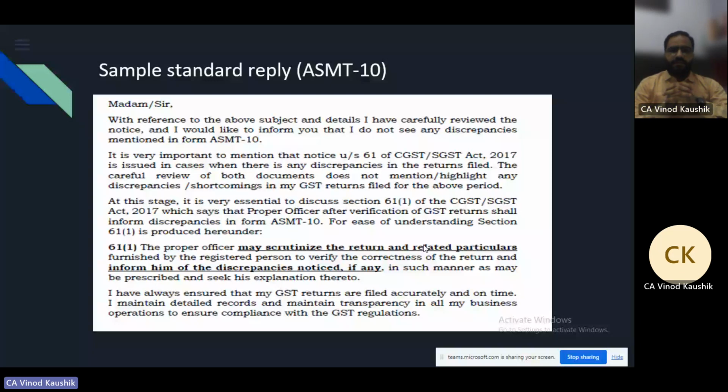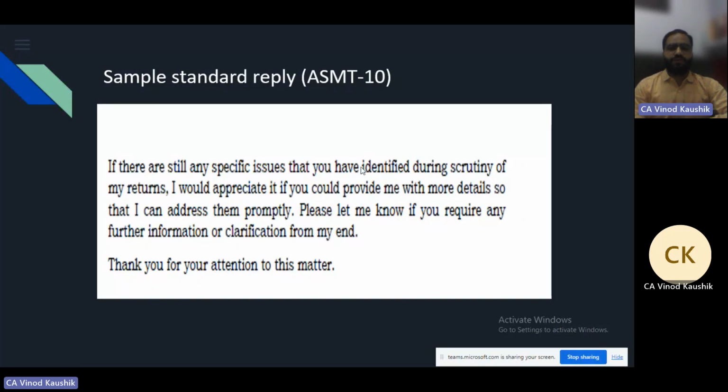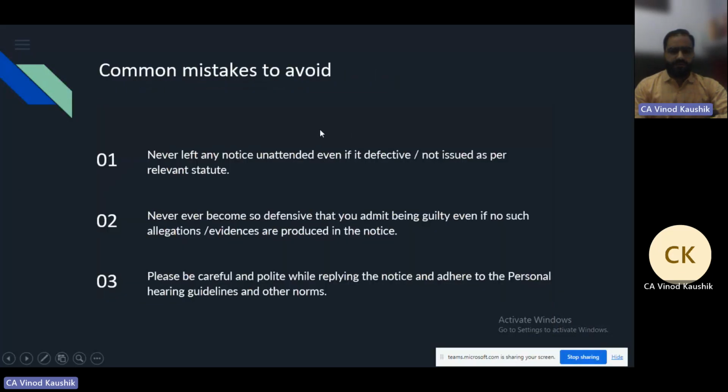There are no discrepancies in the returns filed, and a careful review of both the documents does not mention any discrepancies in the returns filed for the above period. And we have quoted section 61(1) also, wherein this is the manner of the reply. And if there is still an issue, you can issue me a separate notice.